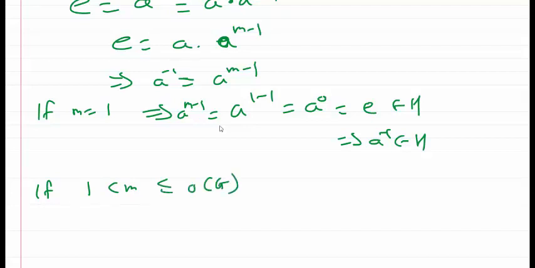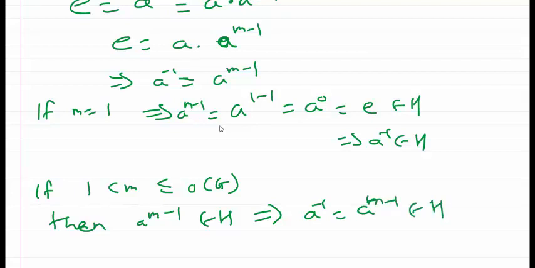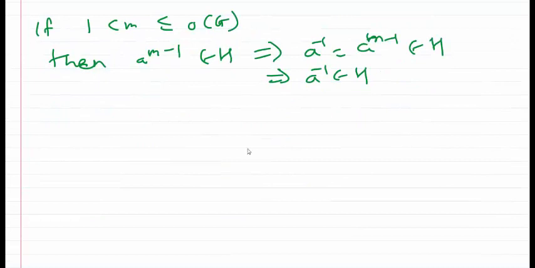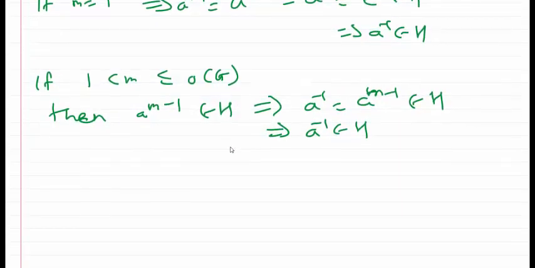It is at most the order of G. Then A raised to M minus 1, since it belongs to H, this implies A inverse is equal to A raised to M minus 1 belongs to H. That means A inverse belongs to H. So in this way, H satisfies the property in both cases.